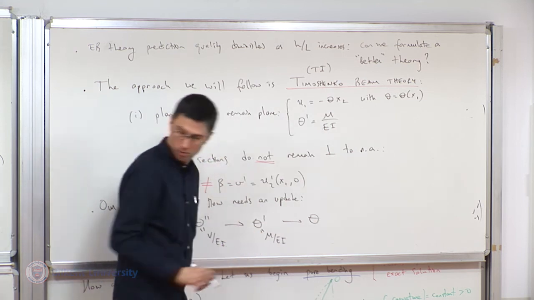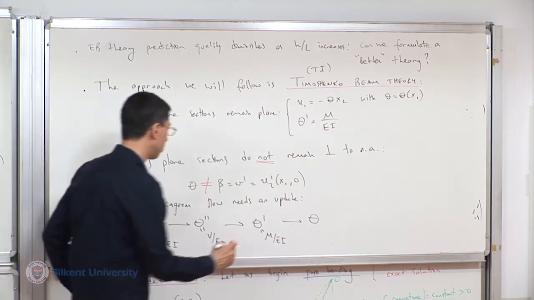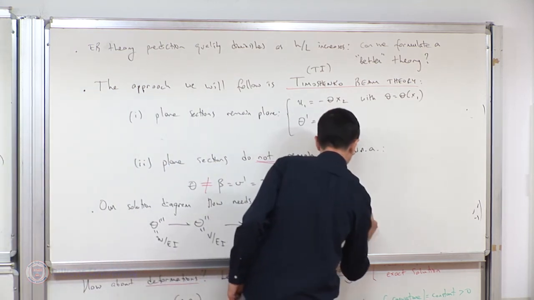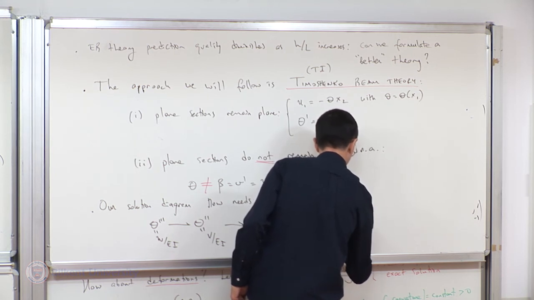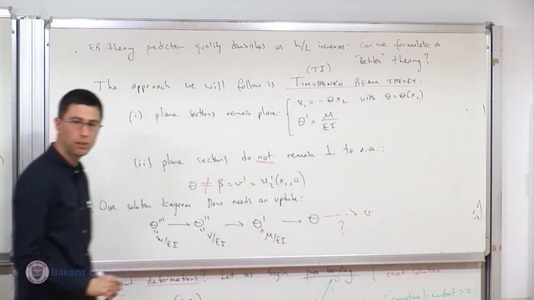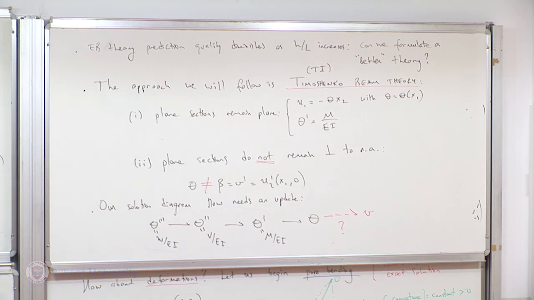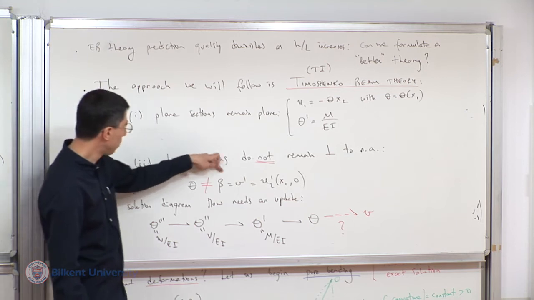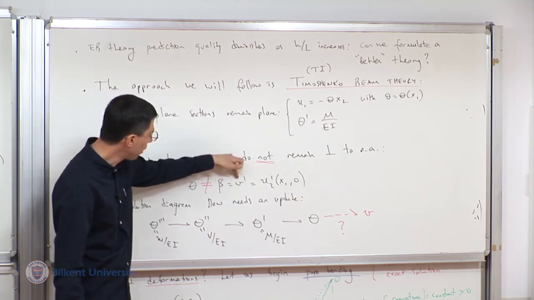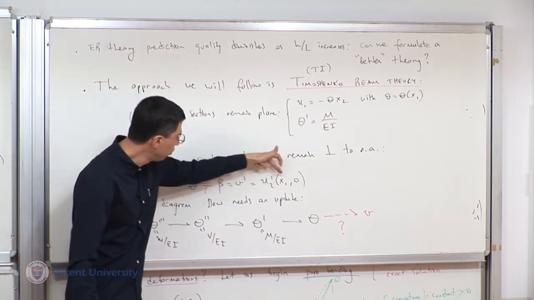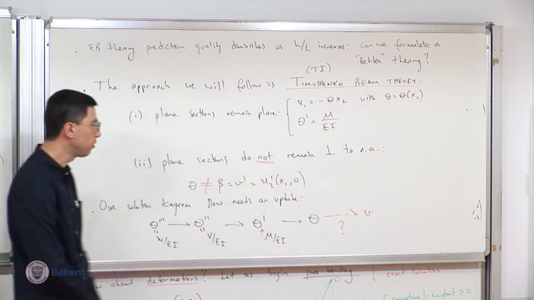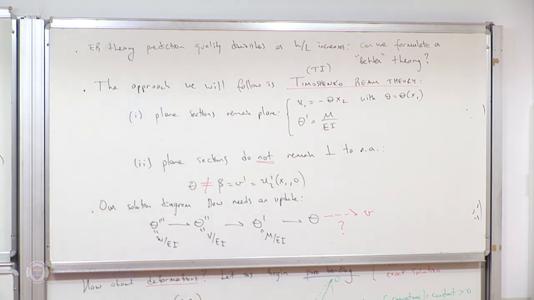But now, the question is, how do I find the deflection from it? Because theta is not anymore equal to V prime. Before, we had said theta is equal to V prime, and let me remind you, V was U2 evaluated on the neutral axis, x2 equals 0. So that is the missing piece of information that now we need to develop. Once we can do that, then we have a better theory.